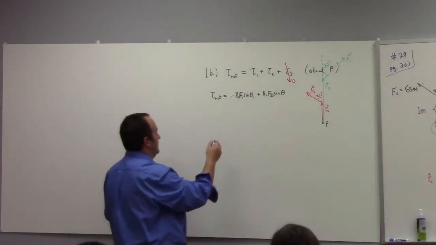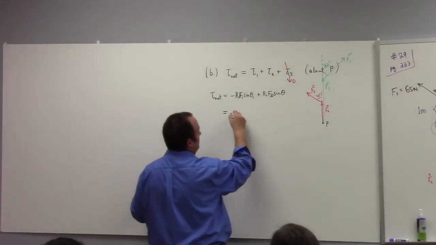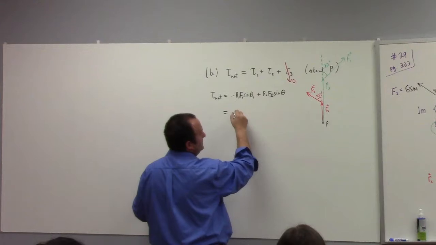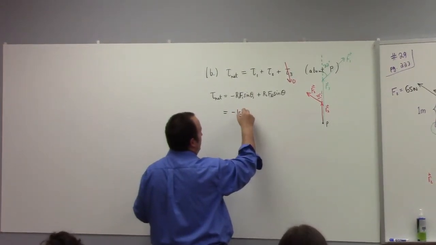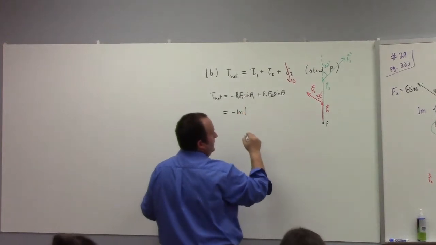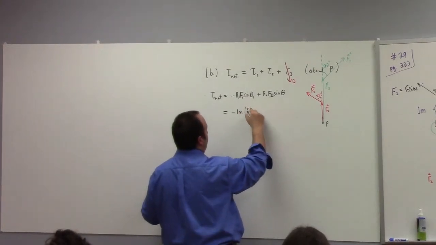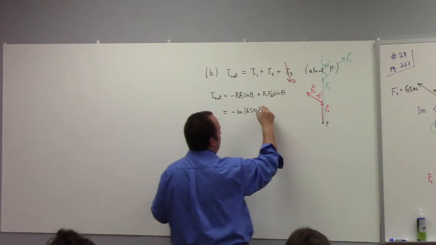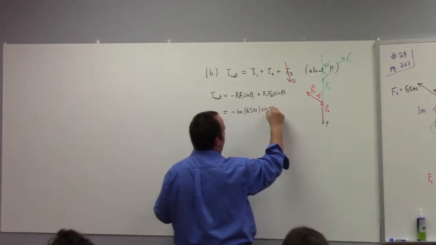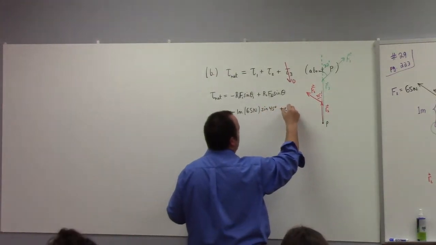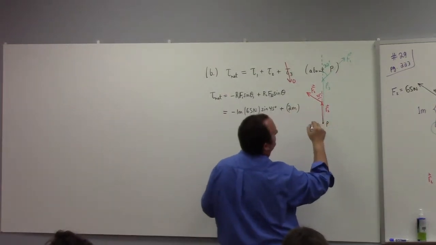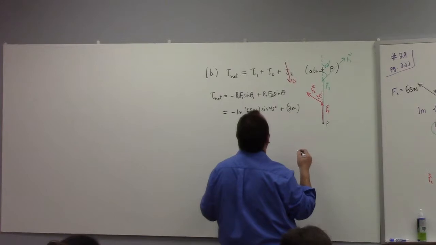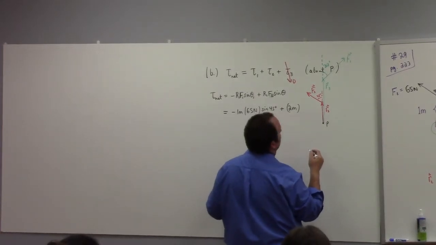So what I mean by that is, what's R1? Well, R1 is still minus 1 meter, right? 1 meter times 65 newtons times the sine of 45 degrees, and then plus 2 meters times, oh man, I can't do math.